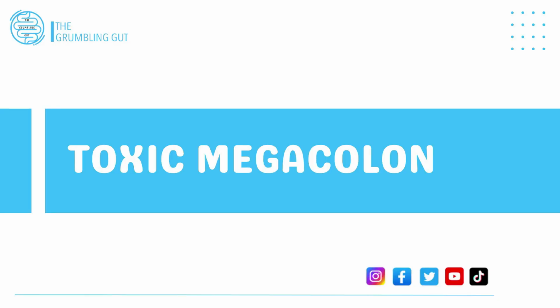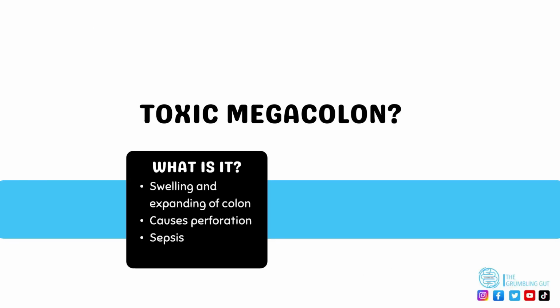Sepsis is also seen in toxic megacolon, which we're going to look at now. Toxic megacolon is a rare life-threatening condition where inflammation causes the large intestine to swell and expand, and is so described as a non-obstructive dilation of the large intestine. So no bowel obstruction has occurred in toxic megacolon.